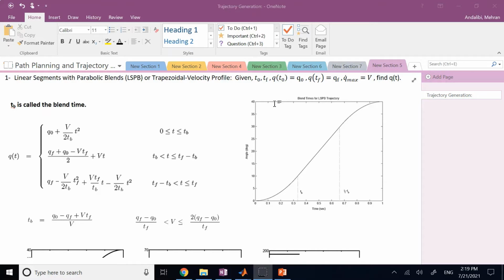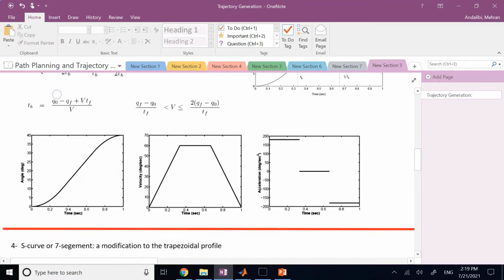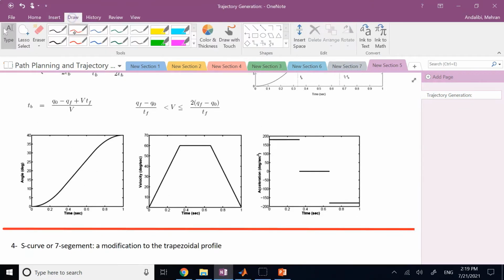I'm not going to be able to calculate all of the unknown coefficients, so we need some extra conditions. And 2 of the conditions that we have here is we start from 0 initial velocity and we go to 0 final velocity.